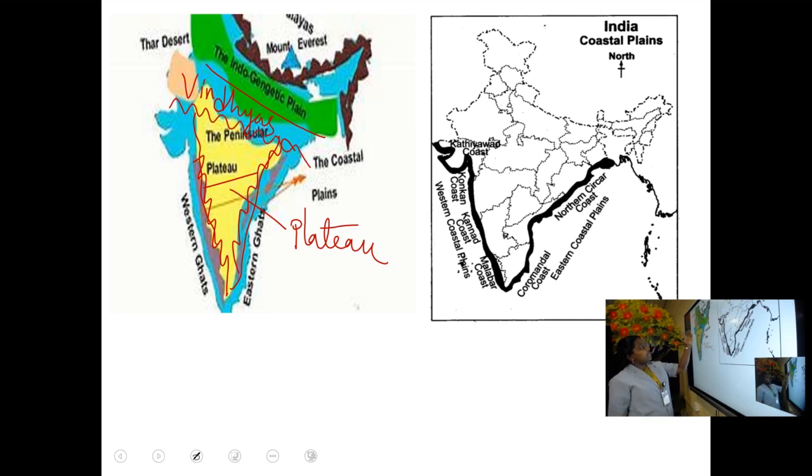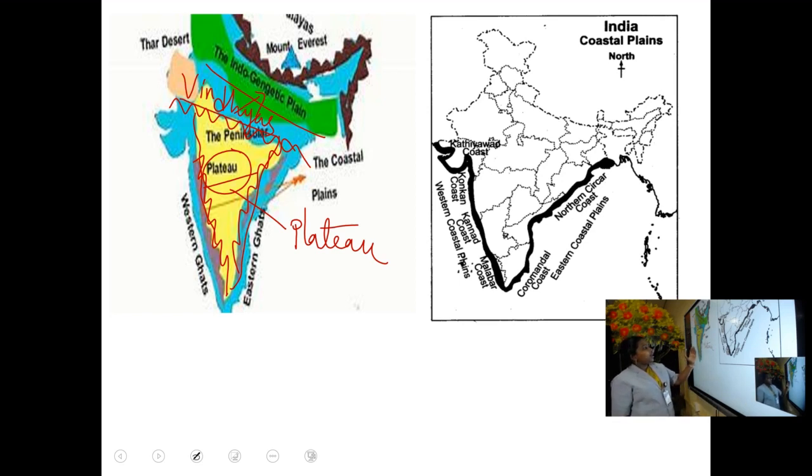This Vindhya mountain separates the plateau region from the northern plains. So the Vindhya mountains exist between the northern plains or the Indo-Gangetic plains and the peninsular plateau region. It's in between these two. That is, the plateau region is separated from the northern plains by these Vindhya mountains.